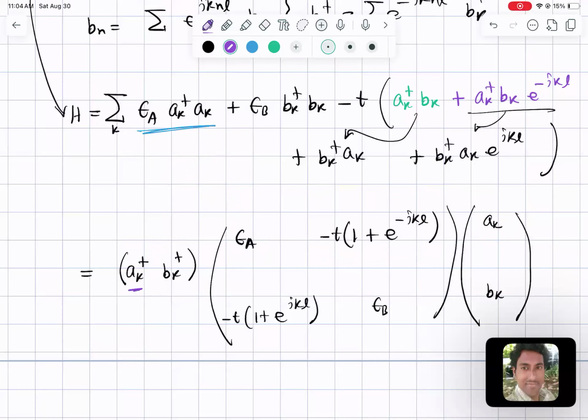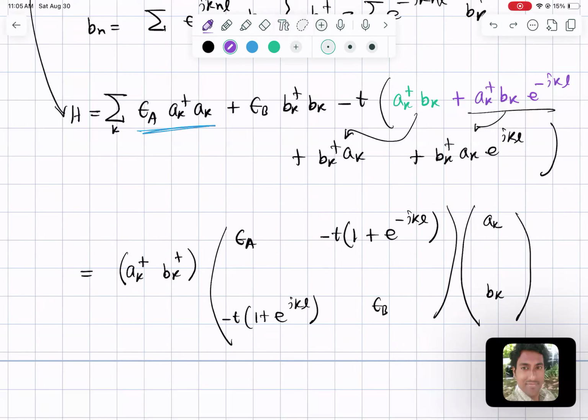If you want to multiply this column, then we have A_k dagger and A_k, and that goes with B_k.